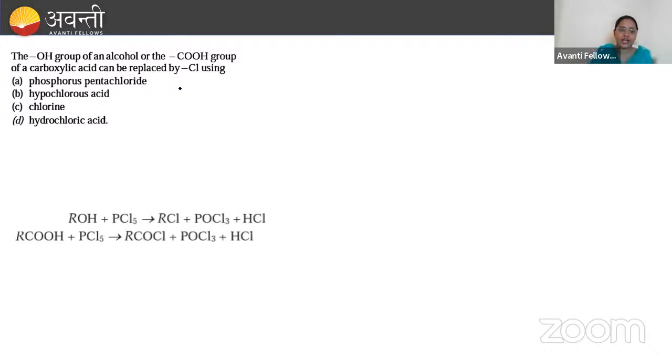When an alcohol reacts with phosphorus pentachloride, there is a removal of OH by Cl. And when an acid reacts with phosphorus pentachloride, again the OH is removed, giving COCl. So phosphorus pentachloride, option A, is the correct answer here. Any doubt? Next problem.